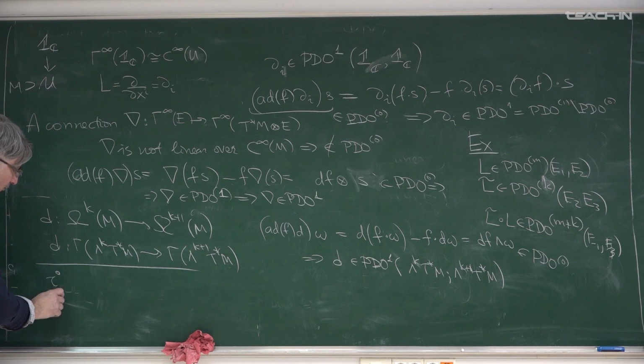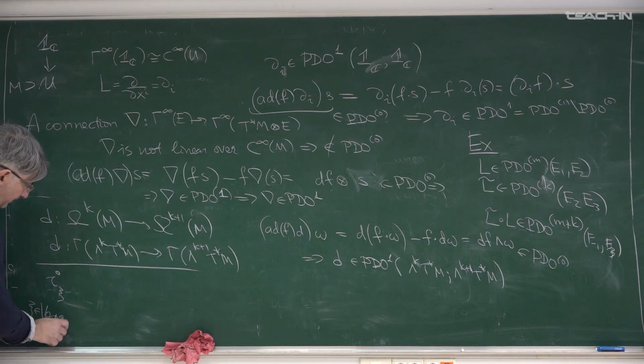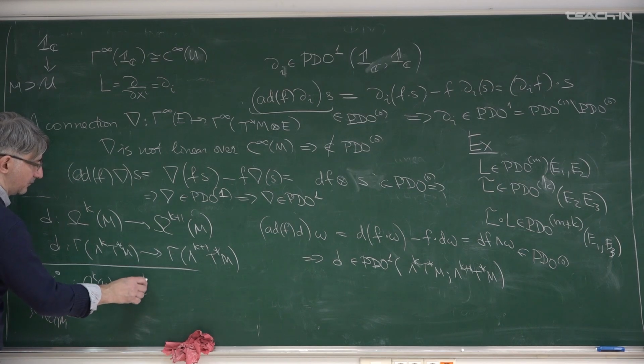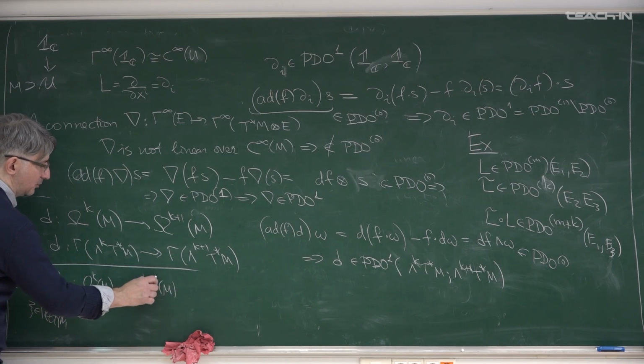It means the following: we have a vector field xi, and it sends a differential form of order k to a differential form of order k minus 1 on M, and it works as follows.